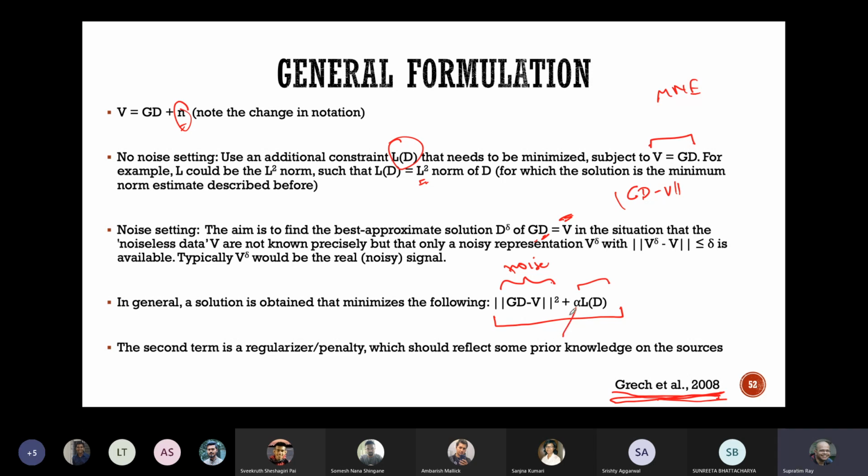This alpha tells you how much you care about minimizing this other penalty that I have versus the noise term. So this is what you do when you assume that there is noise in the system. This first term is an estimate of how much noise there is, and then you try to find a solution which minimizes this whole thing.